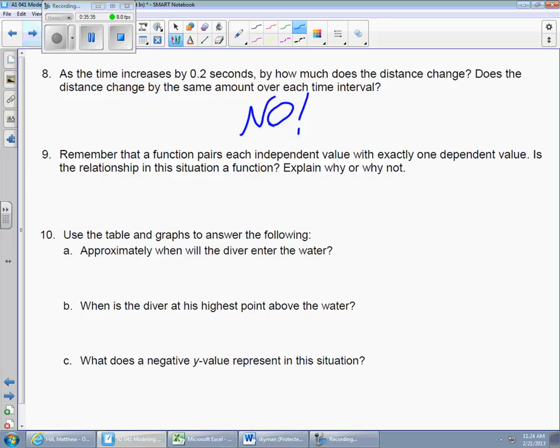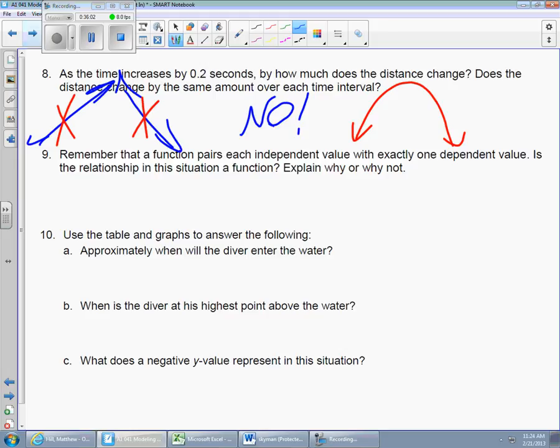No, not even close, because if it did, you'd end up with a straight line going one way or a straight line going the other way, and obviously it does not do either of those. If it increased consistently, we'd end up with a straight line. We didn't end up with a straight line. We ended up with a parabola. So that's kind of a duh question there.